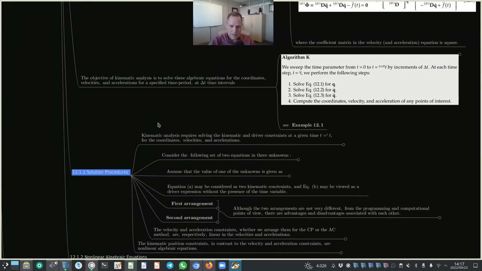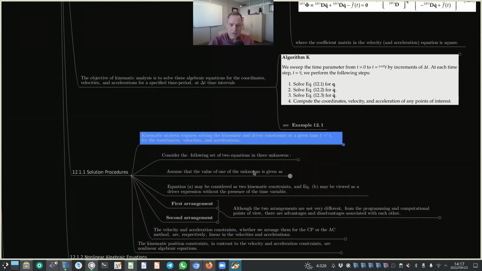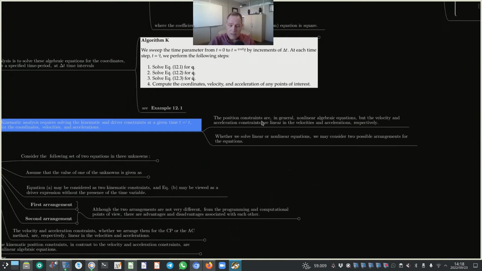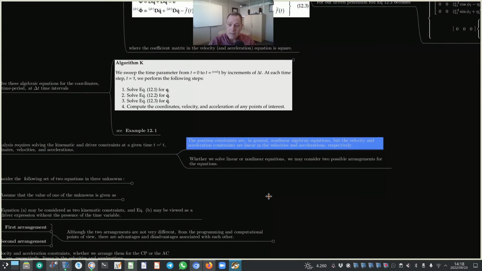So kinematic analysis requires solving kinematic and driver constraints at a given time t equals it for the coordinates, velocities and accelerations. The position constraints are in general non-linear algebraic equations, but the velocity and acceleration constraints are linear in velocities and accelerations respectively.